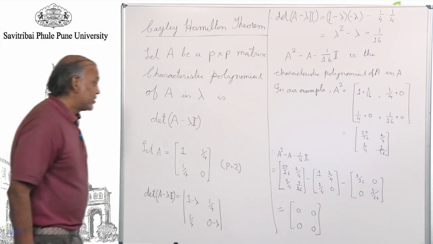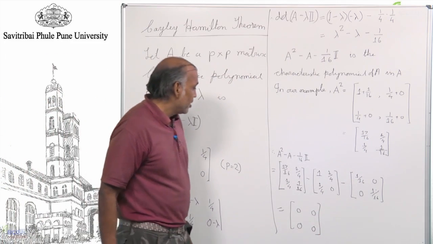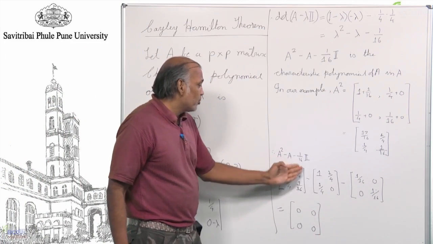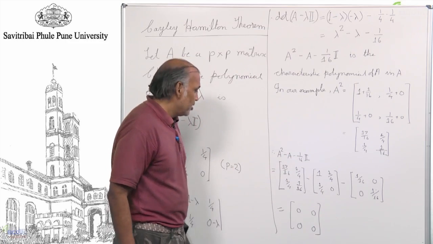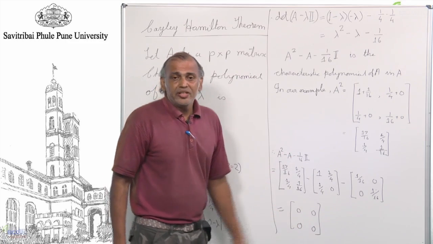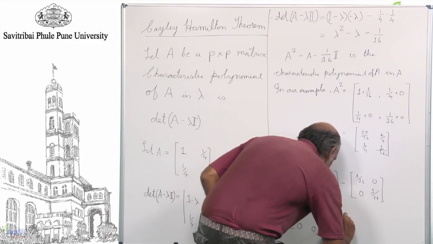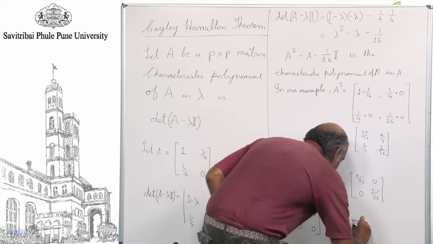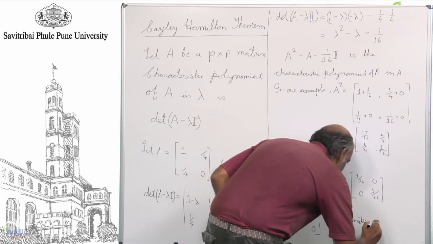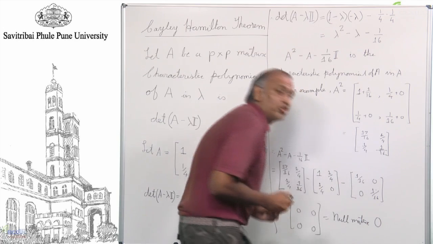So you notice that you have A squared minus A minus 1 upon 16 times identity getting evaluated to the null matrix. I call it the null matrix, or 0 matrix.